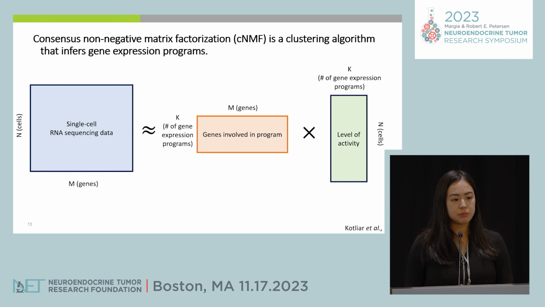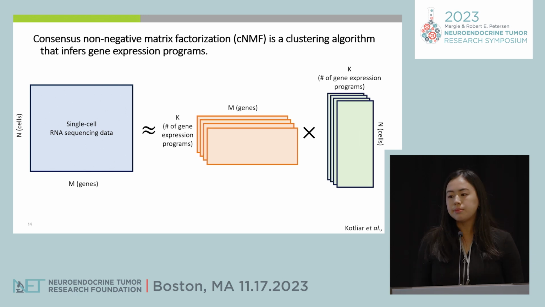One contains gene expression programs and defines each program by the level of expression of each gene. And the other matrix is the level of activity of each of these gene expression programs in each of the single cells. And to make sure that we're identifying true biology and not noise, we do this many times. In fact, we do this 200 times. And then we find the consensus solution that's shared across all of these replicates.